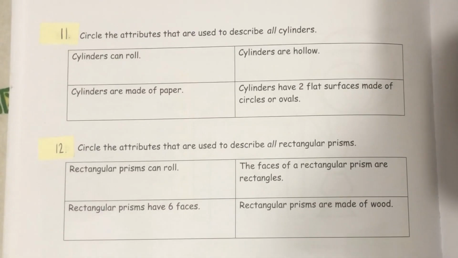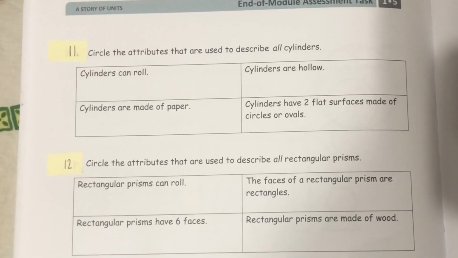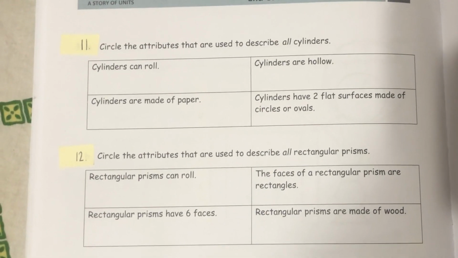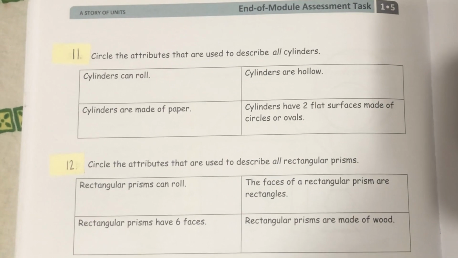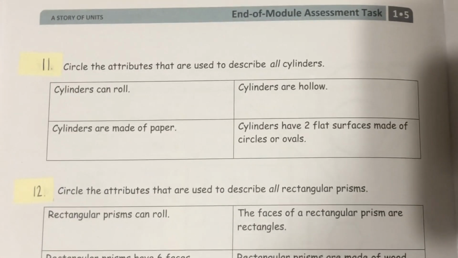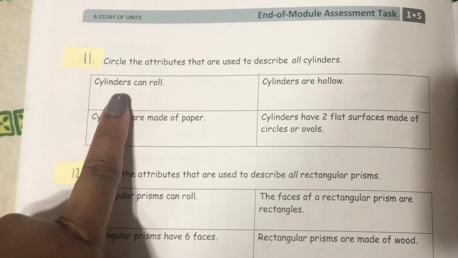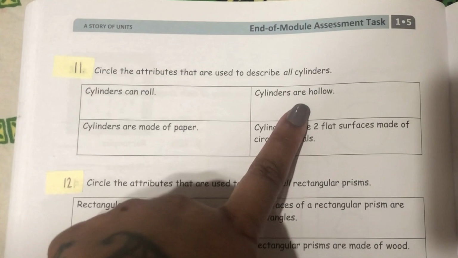Congo Nation, for number 11, we're going to read the attributes and then you are going to write the attributes that are used to describe cylinders in your composition book. Okay? All right, so let's look at the attributes. Cylinders can roll. Cylinders are hollow.